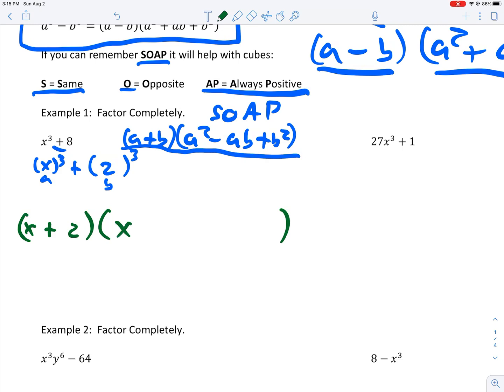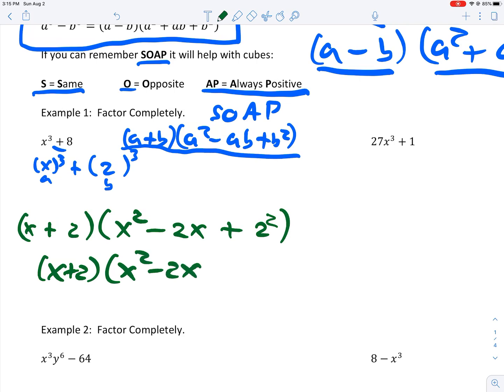You start off with A, which is x for us, and we square it. Next is A times B, so that would be 2x. Next is 2 squared. The second sign is always opposite, so that would be minus. The third sign is always positive. So if we clean this up, x plus 2, x squared minus 2x plus 4.